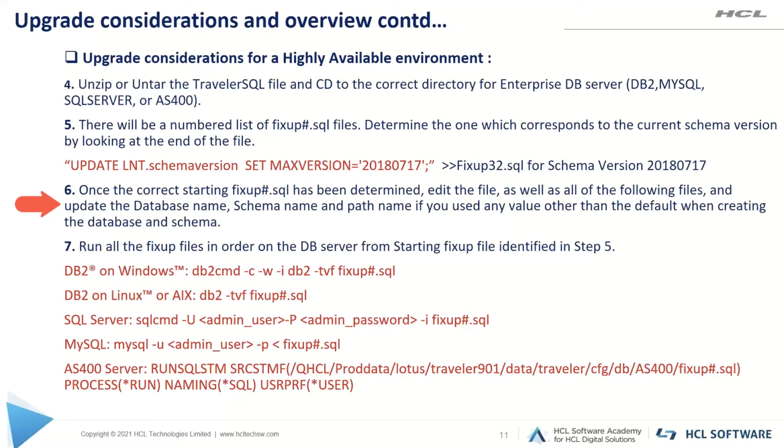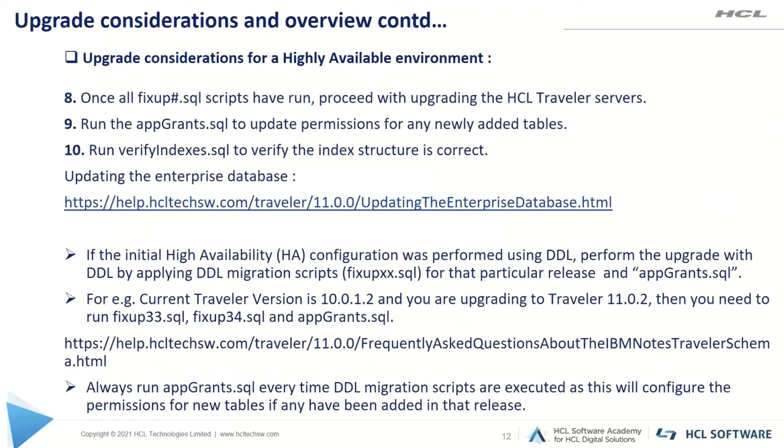Once you have modified all these files, you need to execute the scripts. So in the next step, you can execute all the files in order: first fixup32.sql, then fixup33.sql, then fixup34.sql. The commands have been given on this slide. Moving on to the next slide.